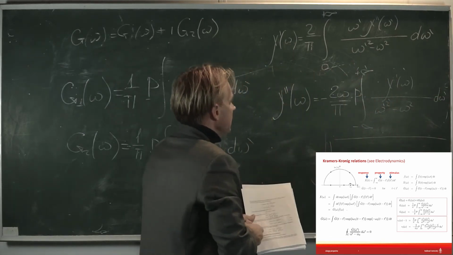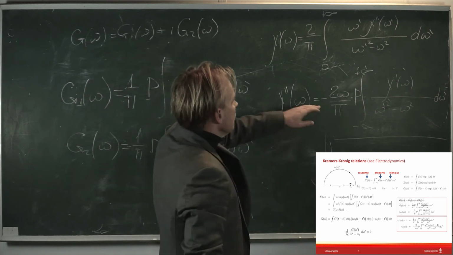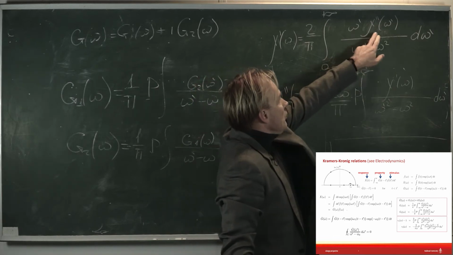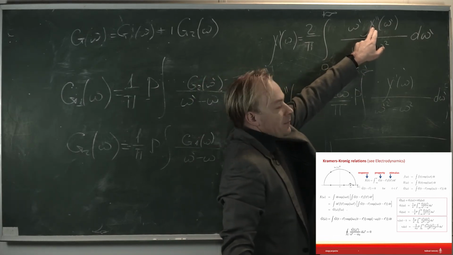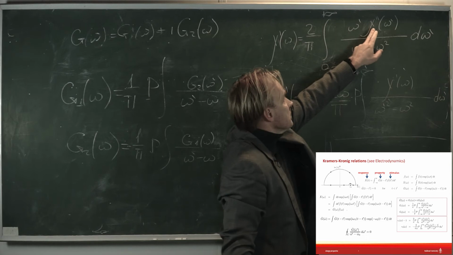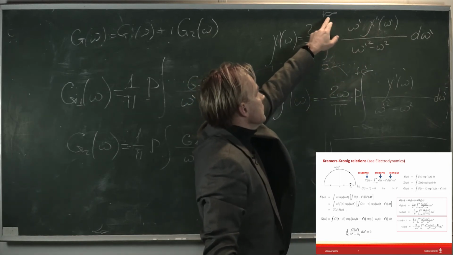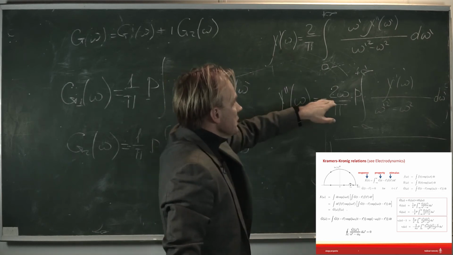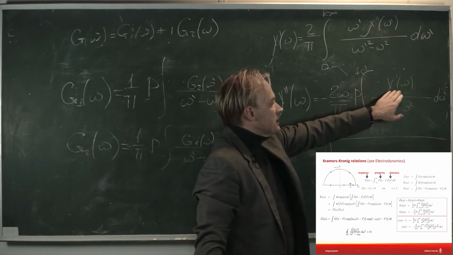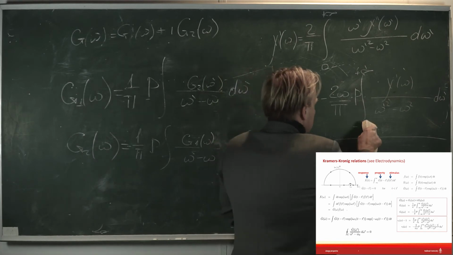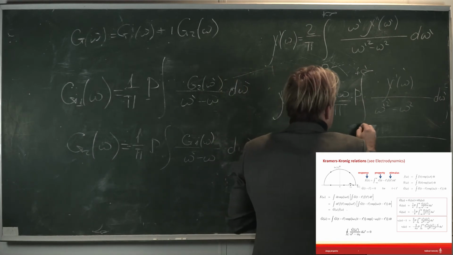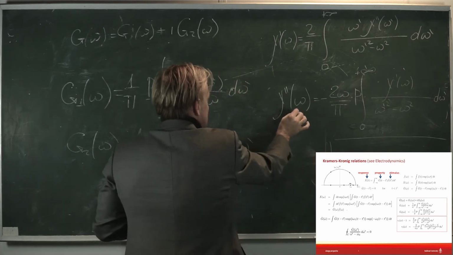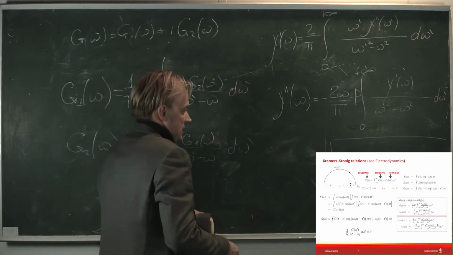What is important here is that if you know the integral over the spectrum of chi double prime, which is the imaginary part of optical susceptibility, from zero frequency to infinity, you can calculate the spectrum of the real part. And the other way around, if you know the spectrum of the real part of optical susceptibility from zero here, not minus infinity, to plus infinity, you will be able to calculate the spectrum of the imaginary part.